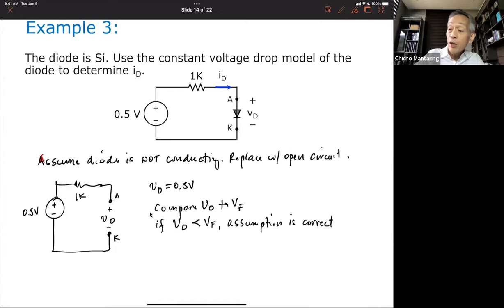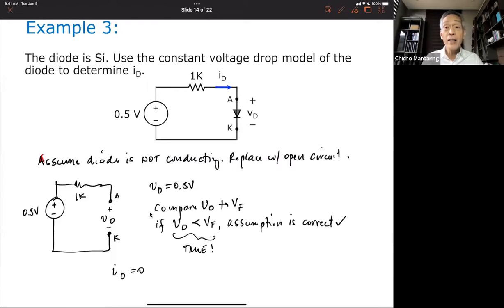No? Since we're using the constant voltage drop model, ang V sub F natin 0.7 because it is silicon, this is true. Therefore, my assumption is correct. So this is the proper model, and therefore what is I sub D? Then I sub D will just be equal to 0.